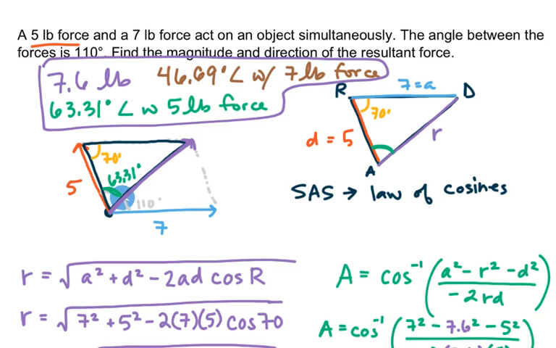This angle right here, we make a 63.31 degree angle with the 5-pound force, as well as a 46.69 degree angle with the 7-pound force. And this doesn't specify, but you will notice on your homework, it'll say what's the angle that the resultant makes with the larger, the smaller force or specific force. As always, email me with any comments, questions, or concerns.